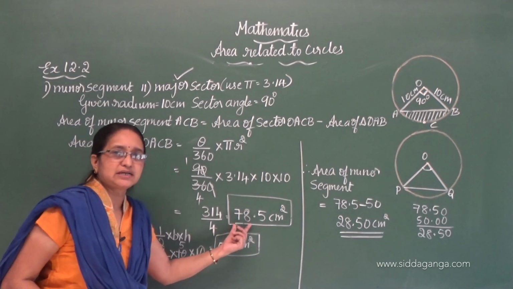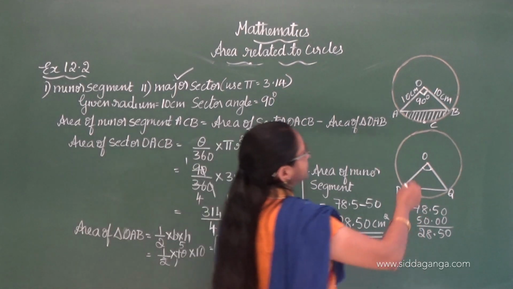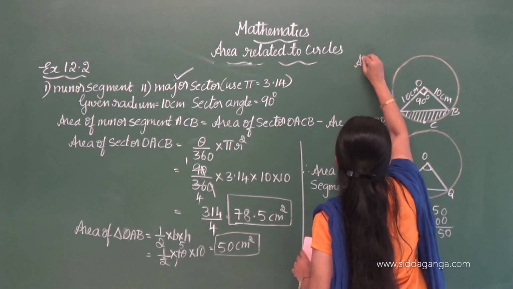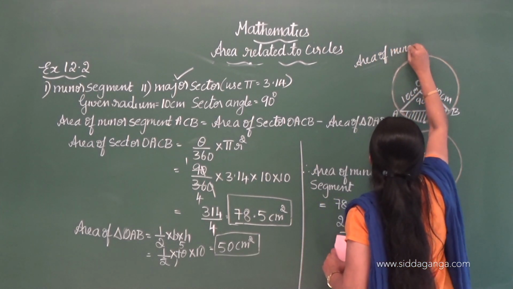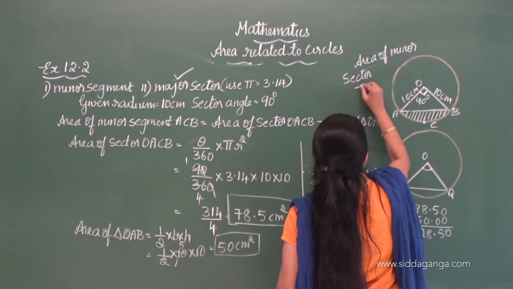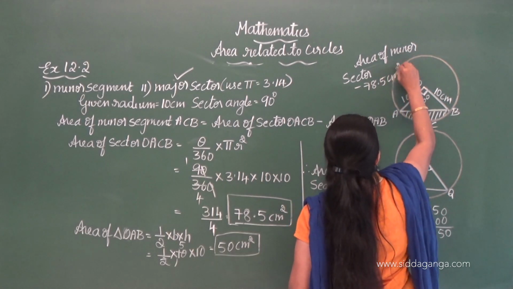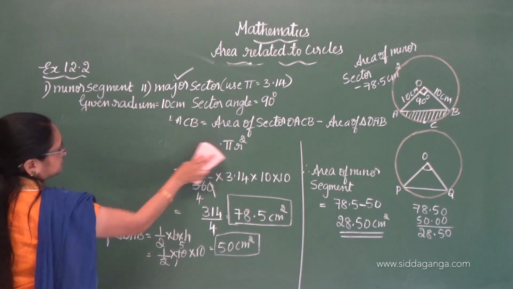We are going to utilize this 78.5 centimeter square. So I will write here, area of minor sector, 78.5 centimeter square. Why? Because I am going to rub this and start the next problem.